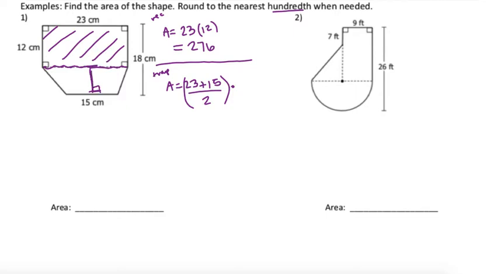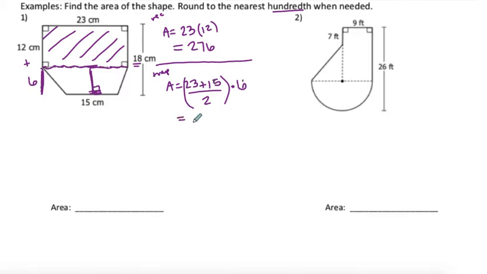So the 18 is good and the 12 is good, but what about that height that I want here? If I take 18, which is that entire piece, and subtract 12, I can get the 6, so that when those two add together, they get me the 18. So the height of just my trapezoid is 6.